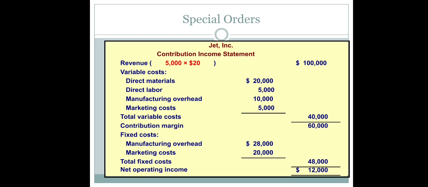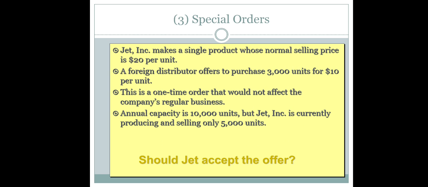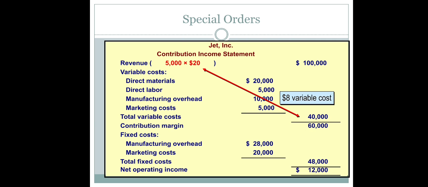Total variable cost is $40,000. So if the total variable cost is $40,000, how much is the unit variable cost? Unit variable cost is $8 per unit. Why $8? $40,000 divided by 5,000 units of production. So $8 of variable cost per unit.